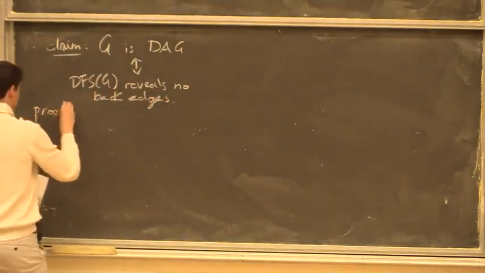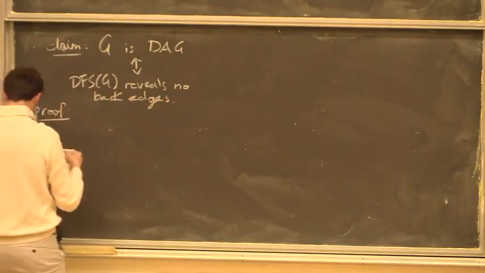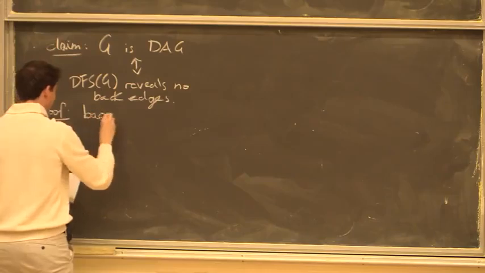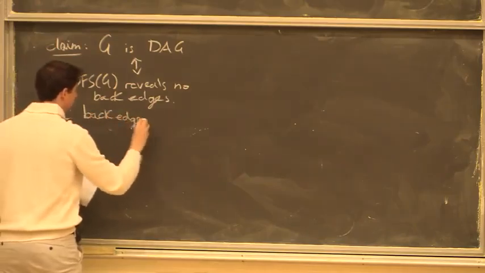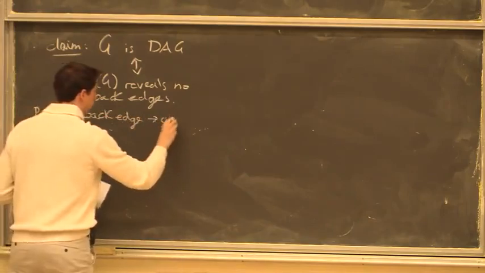All right, so the proof. There is one easier side: if you have a back edge, then you do have a cycle.